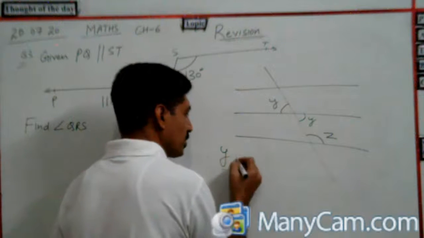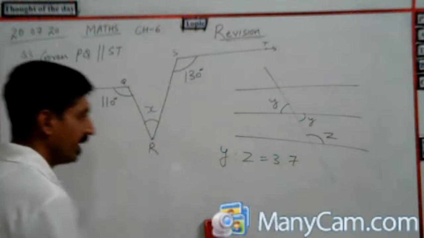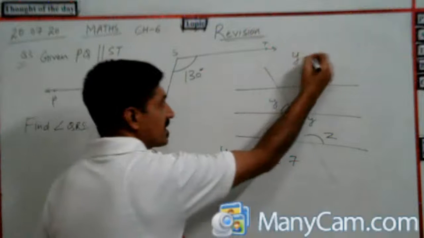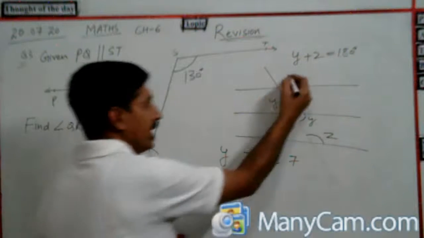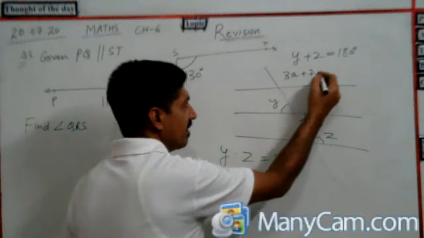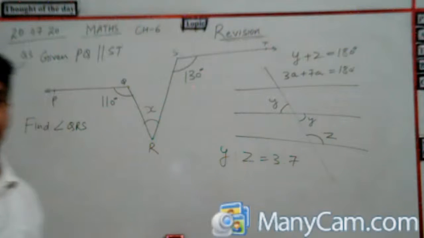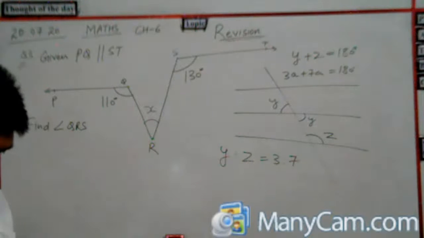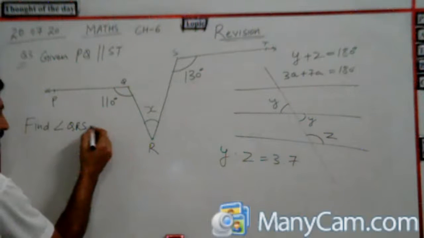And Y ratio Z is 3 ratio 7. And we have Y plus Z is always 180 degrees. So I am taking 3A plus 7A equal to 180 degrees. That's why A is 18, right? He is saying the answer to 3 is 60 degrees.